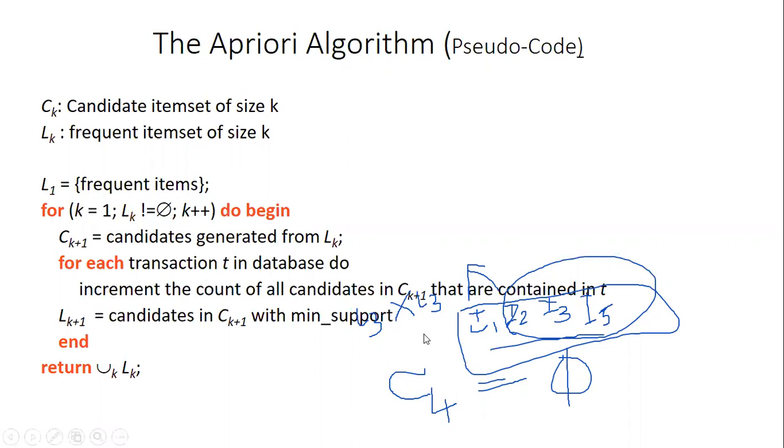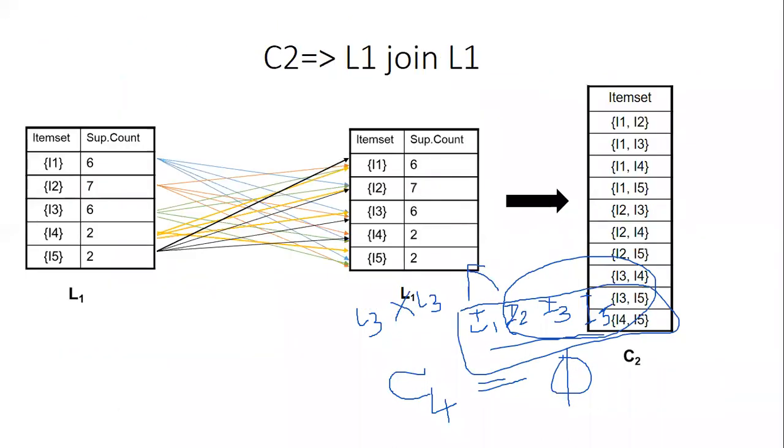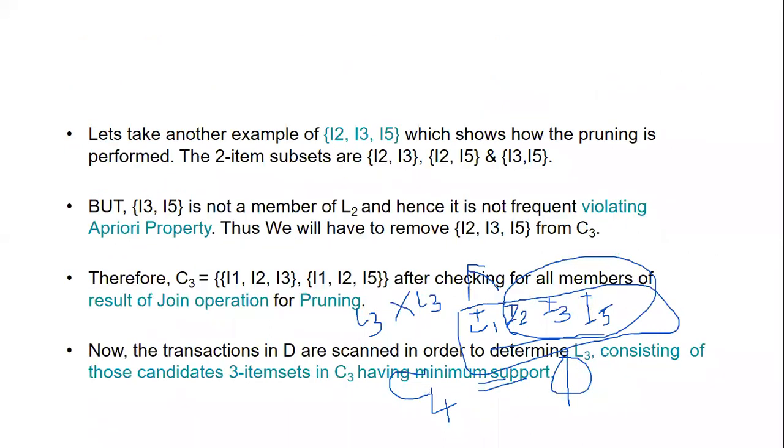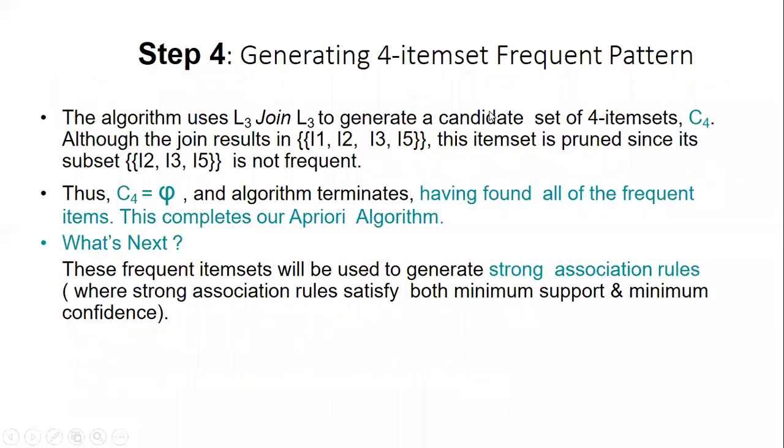The final itemset we will have is L3. Thus, since C4 is null, the algorithm terminates having found all of the frequent itemsets. This completes our Apriori algorithm.